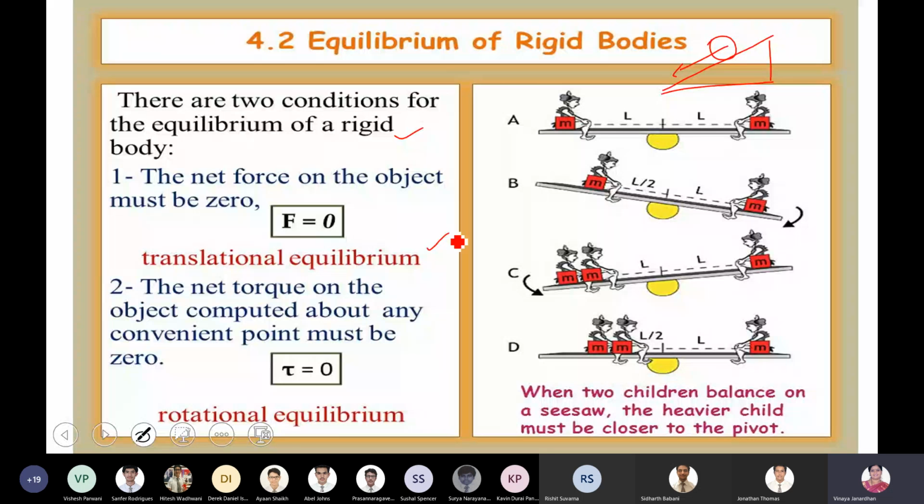Just write the conditions, boys. Equilibrium of rigid bodies.